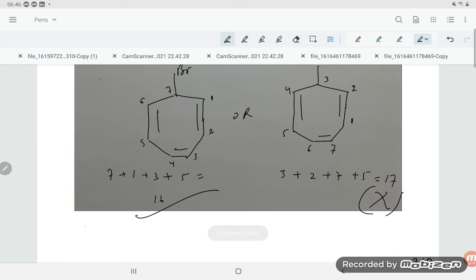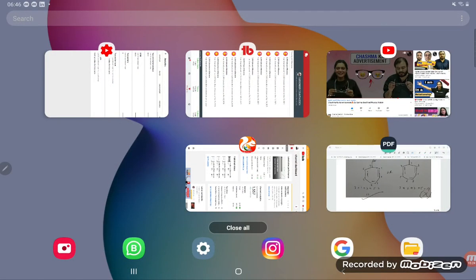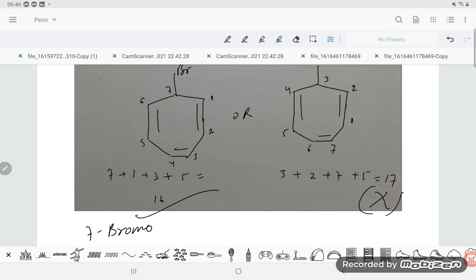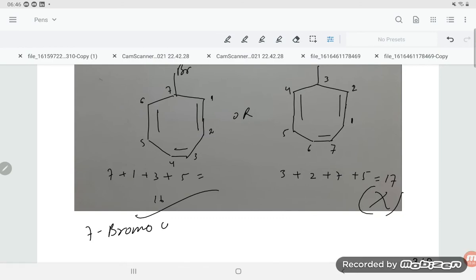So let us have a look at how you can write the name, students. It will be 7 bromo. Sorry students, this is the 7 bromo. What will the name be, students? 7 bromo. Next after 7 bromo, what can we write, students?